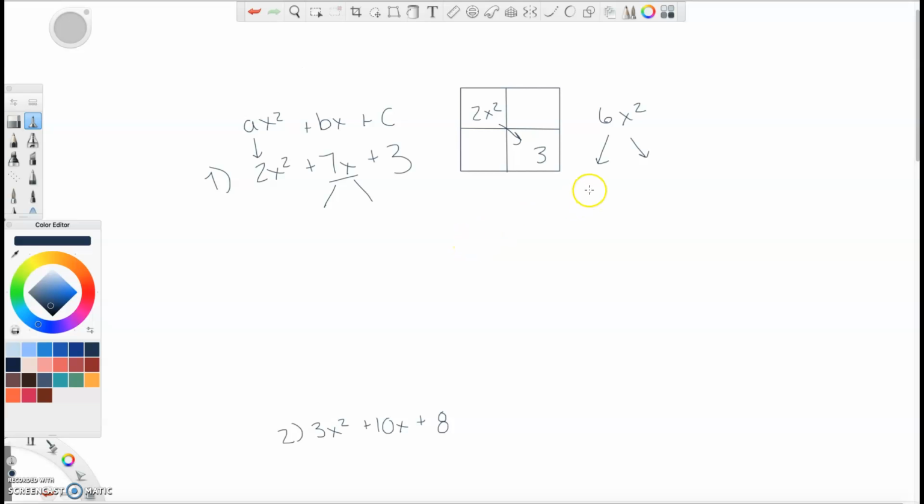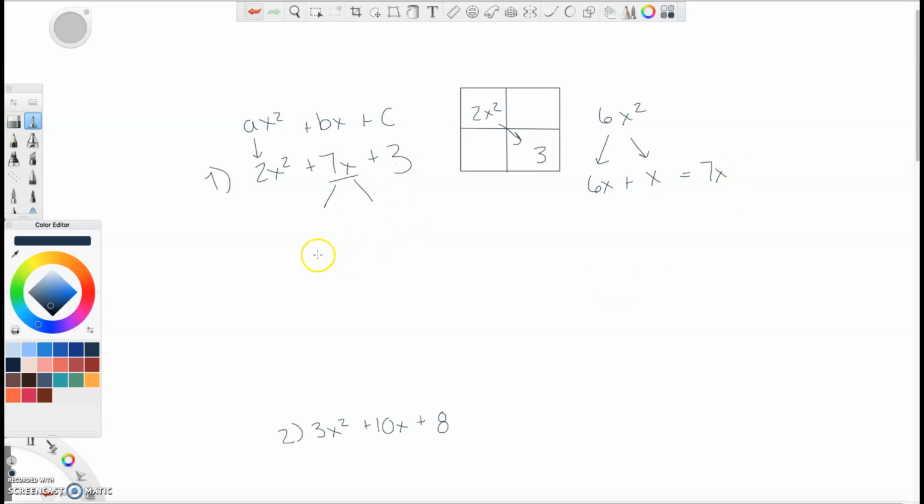So 6x times x gives me 6x squared, but 6x plus x equals 7x, which is what we're looking for here.